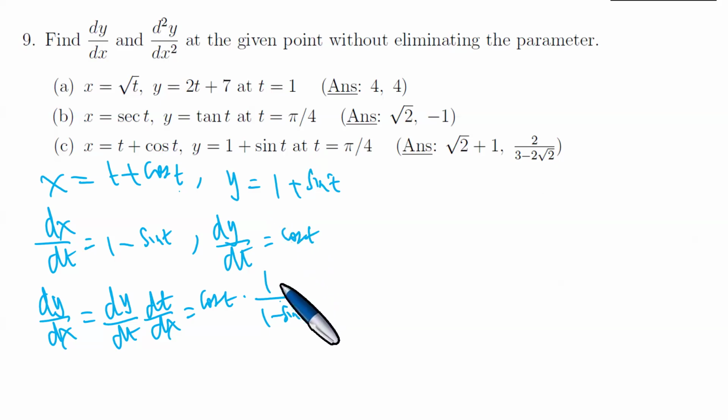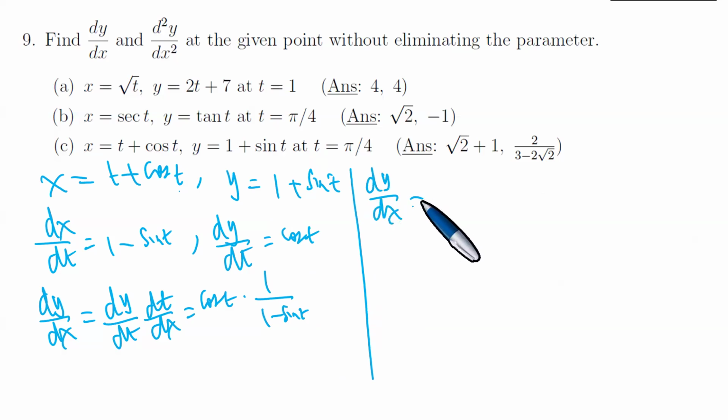So you then have that dy dx is cosine t divided by 1 minus sine t.